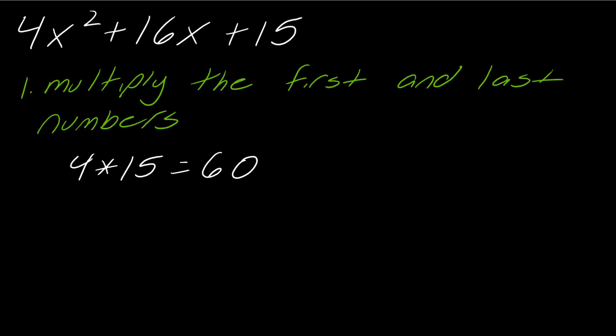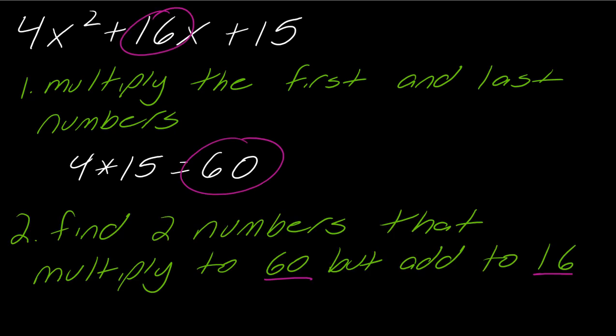So the first thing that we want to do is multiply the first and last numbers together. So the 4 and the 15 multiplied together make 60, okay? The next thing that we want to do is find two numbers that multiply to 60 but add to 16. So now I'm taking the answer to step 1, and then I'm taking the middle number that we haven't used yet.